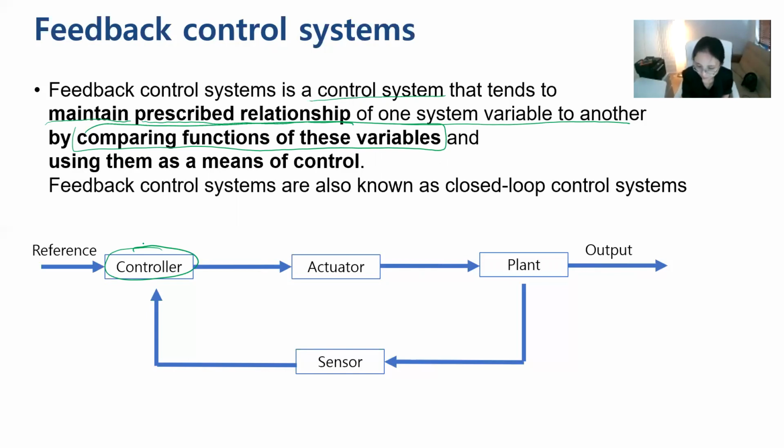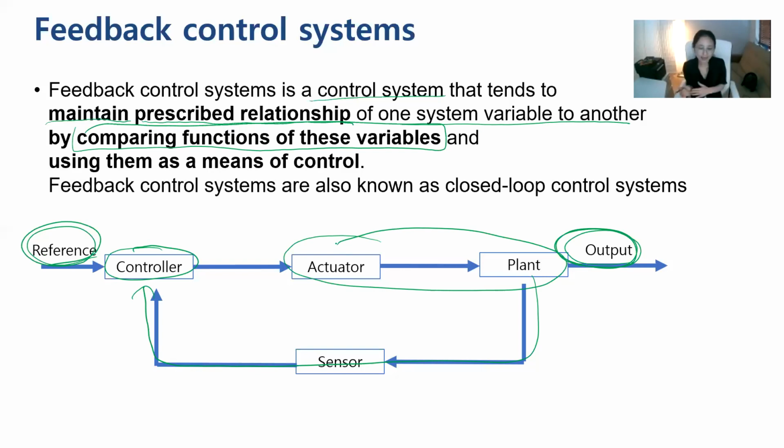So the feedback control system looks at the plant output and compares this output using a sensor, and then provides a control input to an actuator which drives the plant.